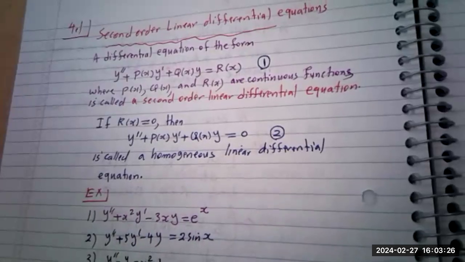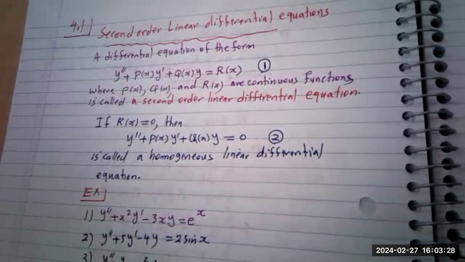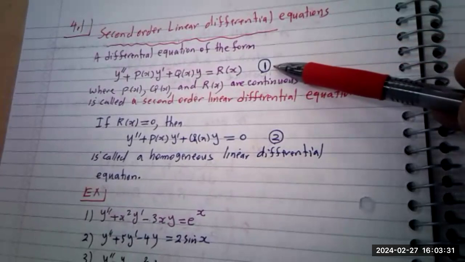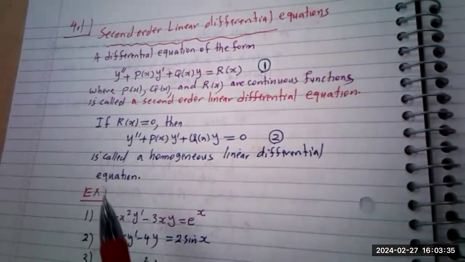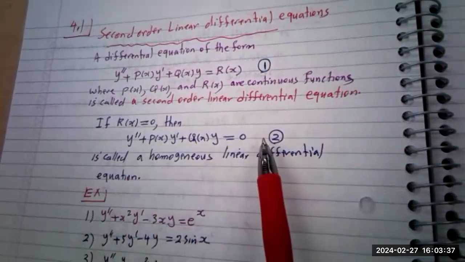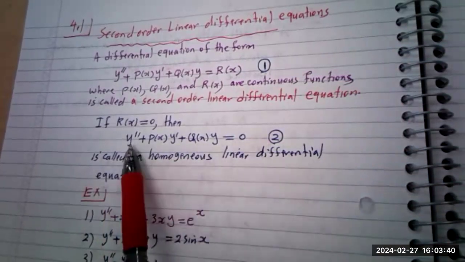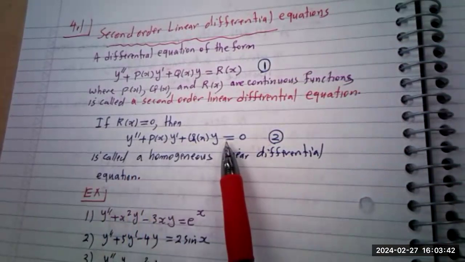What we did the other day, we planned what the general solution of this type of equation is going to be. We divided it in two parts. One part is the homogeneous one. The general solution of this homogeneous one, we call it YC.